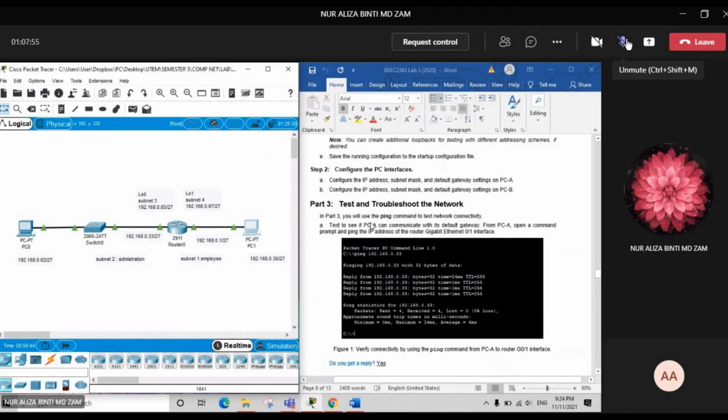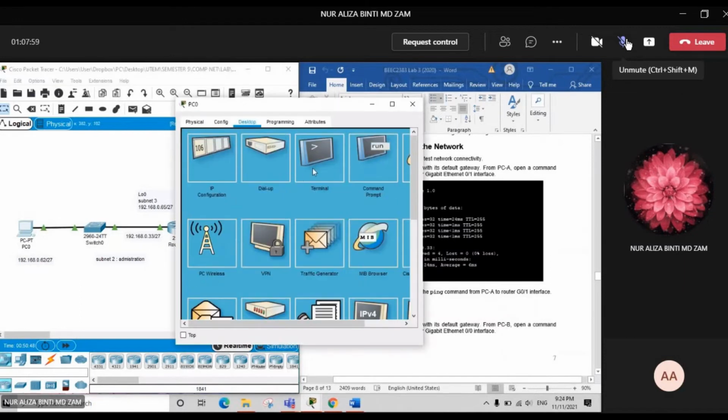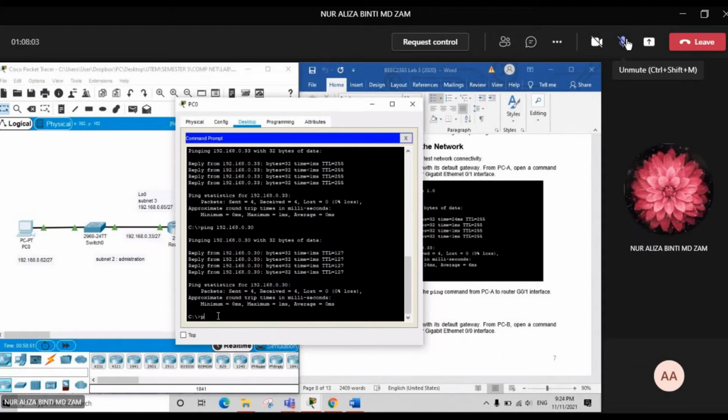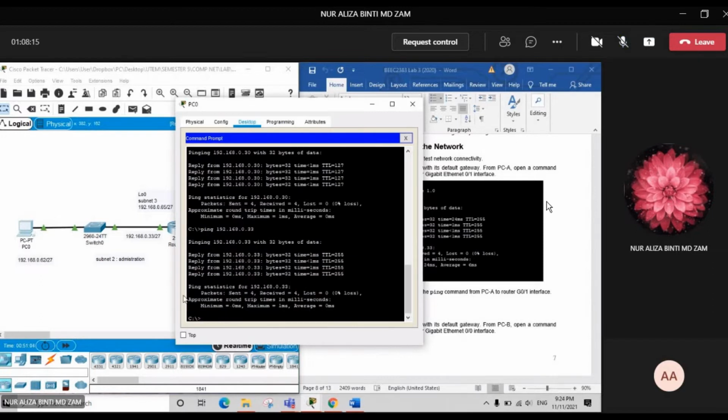Okay, for part 3, we have to test and troubleshoot the network. On PCA, we have to ping the default gateway. As we can see here, we get the reply, and the packets sent, received and lost are 0% loss.